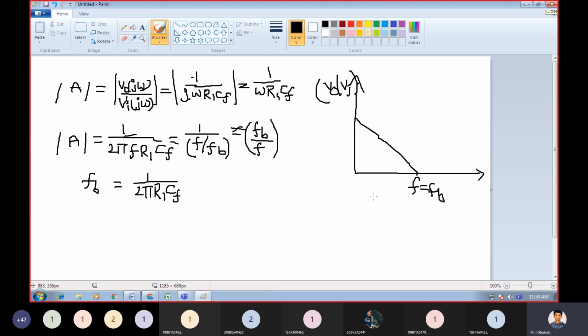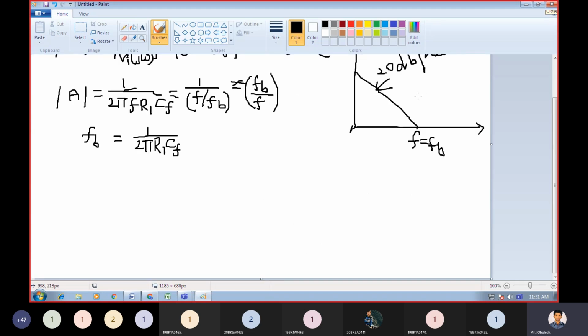This is the basic integrator, which has a slope of minus 20 decibels per decade. This is the frequency response of the ideal integrator.